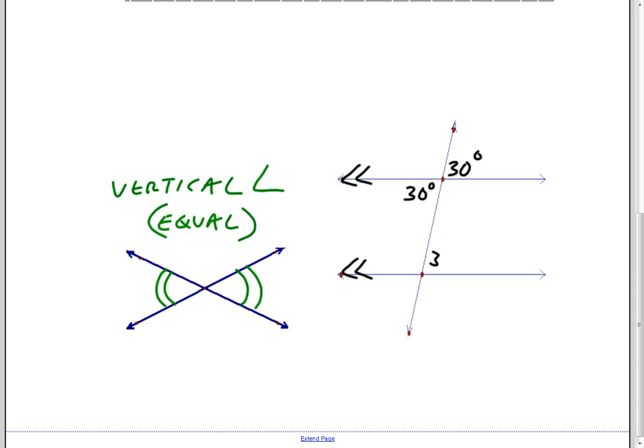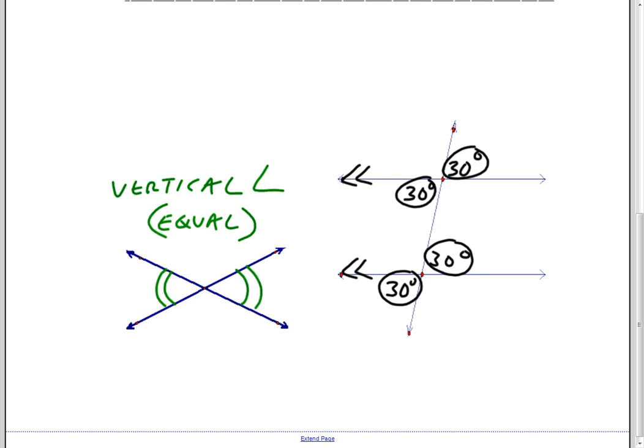Why can I then do this? How do I know that this grouping or angles within that grouping are the same as the angles in the other grouping? What do we call it when they're in the same position? What term did we use? Corresponding.